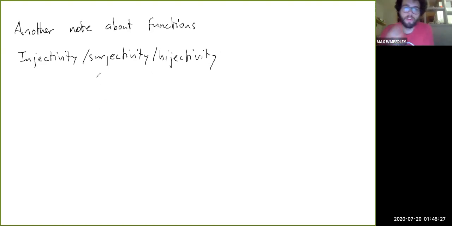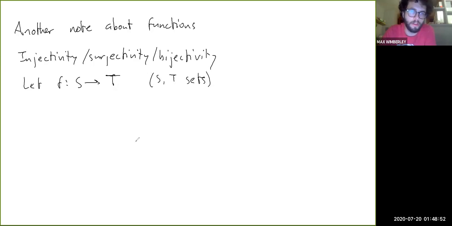Okay, so these terms refer to properties a function can have: injectivity and surjectivity are the two properties, and bijectivity is just when it has both of them. So let f be a function from a set S to a set T. S and T are sets in this case.